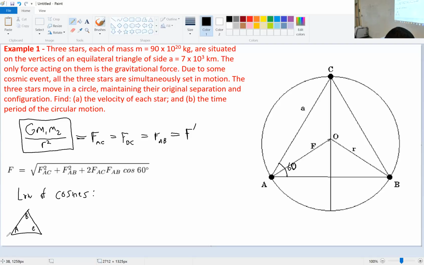Okay, let's say this is small a, this is small b, and this is small c.